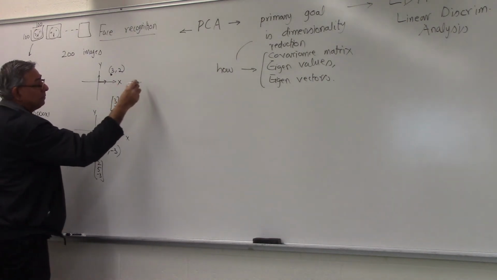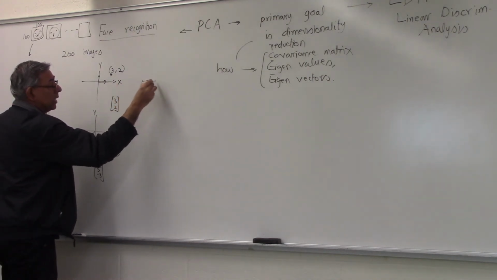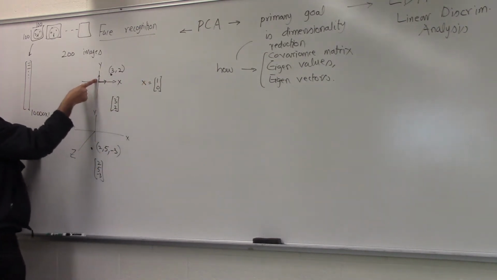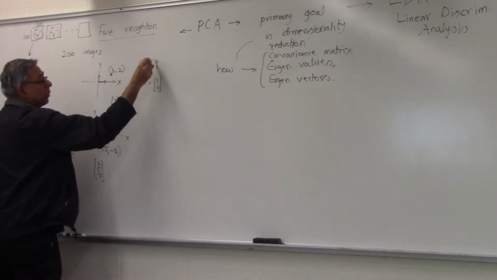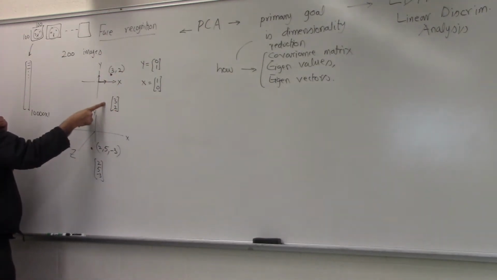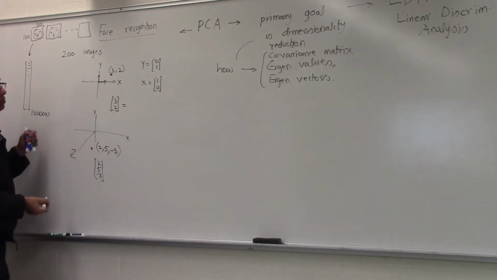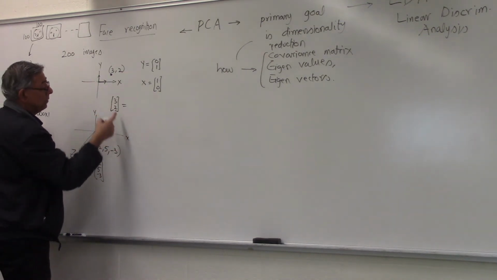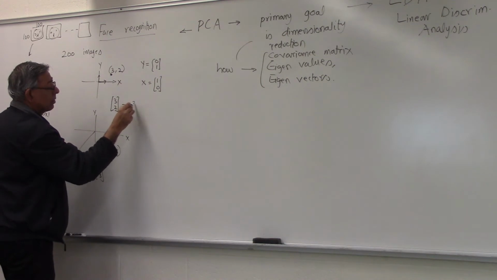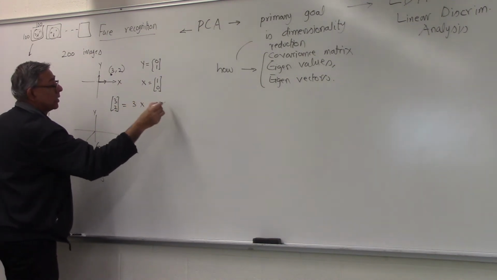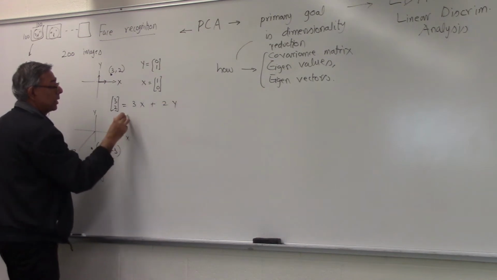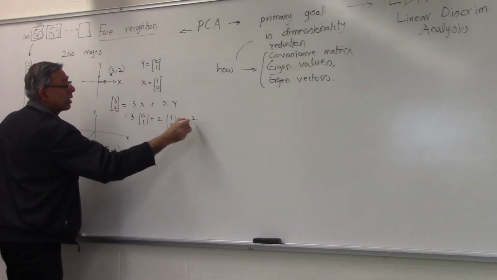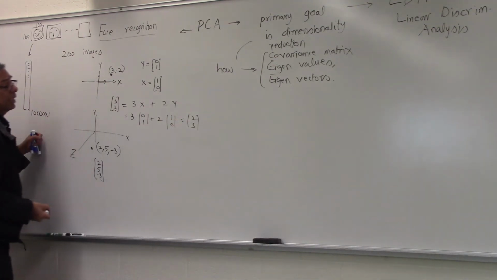The unit vector in the x direction is 1, 0, and in the y direction is 0, 1. Any point can be created as a linear combination of these orthogonal basis vectors. For example, 3, 2 is 3 times the x vector plus 2 times the y vector, which is 3 times (1, 0) plus 2 times (0, 1), and this comes to 3, 2.